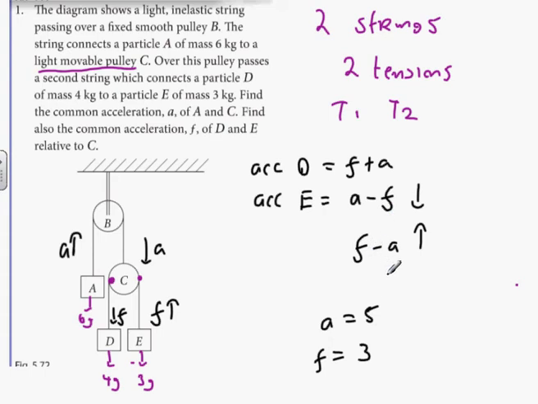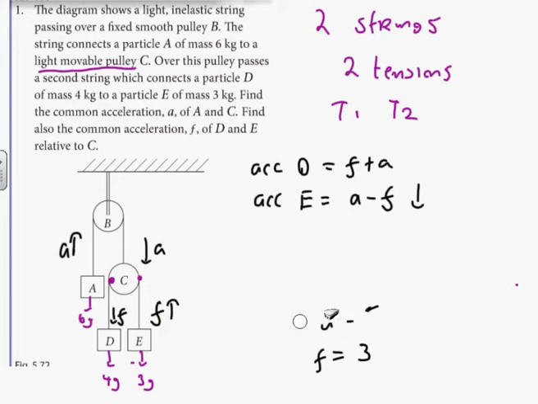However, f minus a is minus 2, so you're going the opposite direction. So just be aware of that. a minus f is assuming that the downward is bigger than the upward.